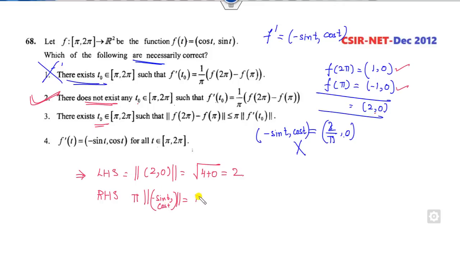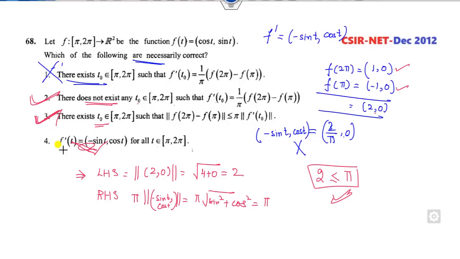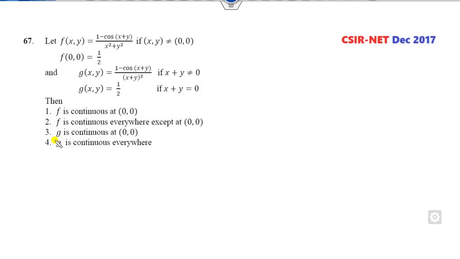So the norm is sin squared plus cos squared, which is 1. So according to this, 2 is less than or equal to pi. Is it satisfied? Yes, it is satisfied. F dash is a simple derivative rule. As we derived, it is a correct answer. So the second, third, and fourth are the correct options.